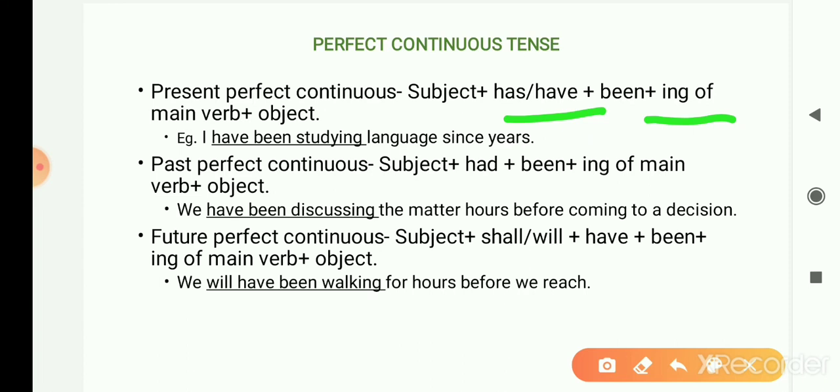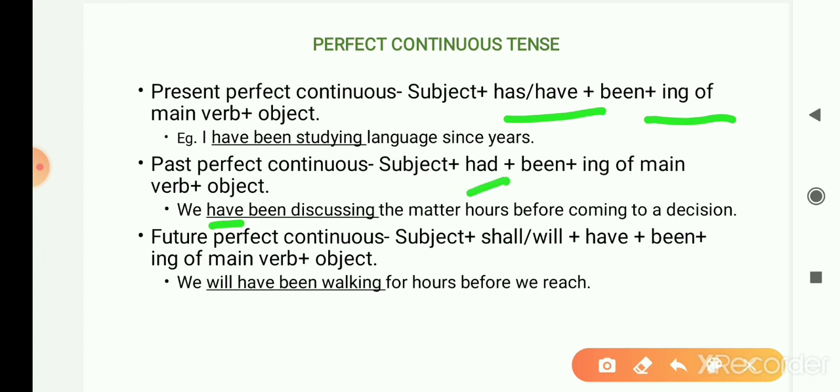Now let's go to the next. Past perfect continuous. Subject plus had plus been plus ing of main verb plus object. So with my subject, I should use had plus been plus ing of main verb. So we have been discussing. Okay, now there is a mistake here. I have used have, but here there is had.